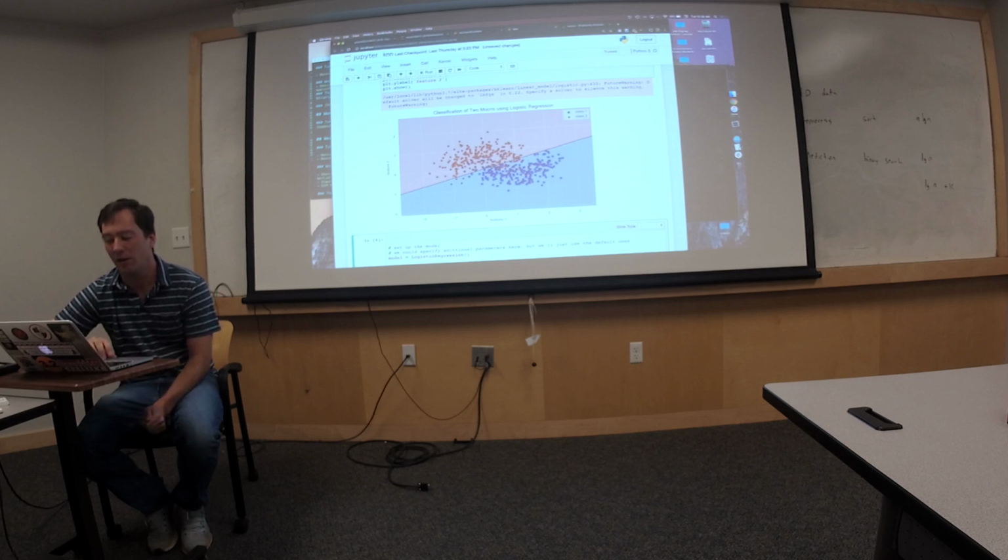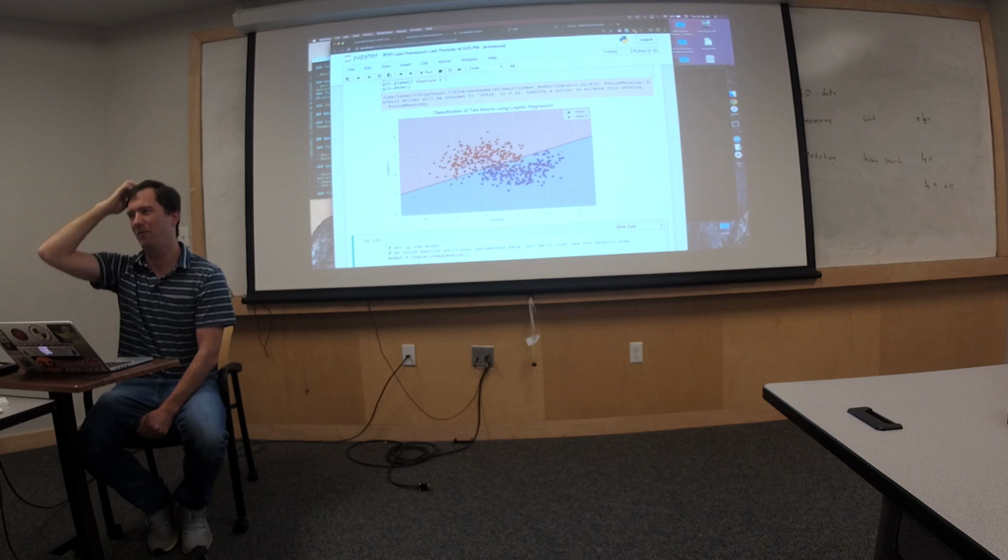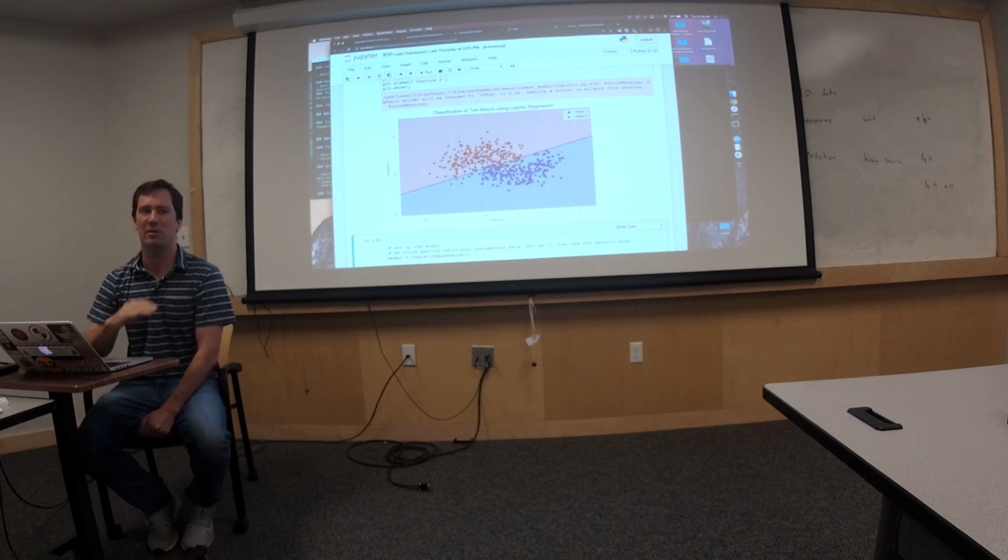But I think you'd agree, like this area in here and this area up here, we're getting a straight line dividing them, but it really isn't a straight line that separates them. Does that kind of make sense? The division between the blue and the red, at least visually, does not seem to be a straight line.